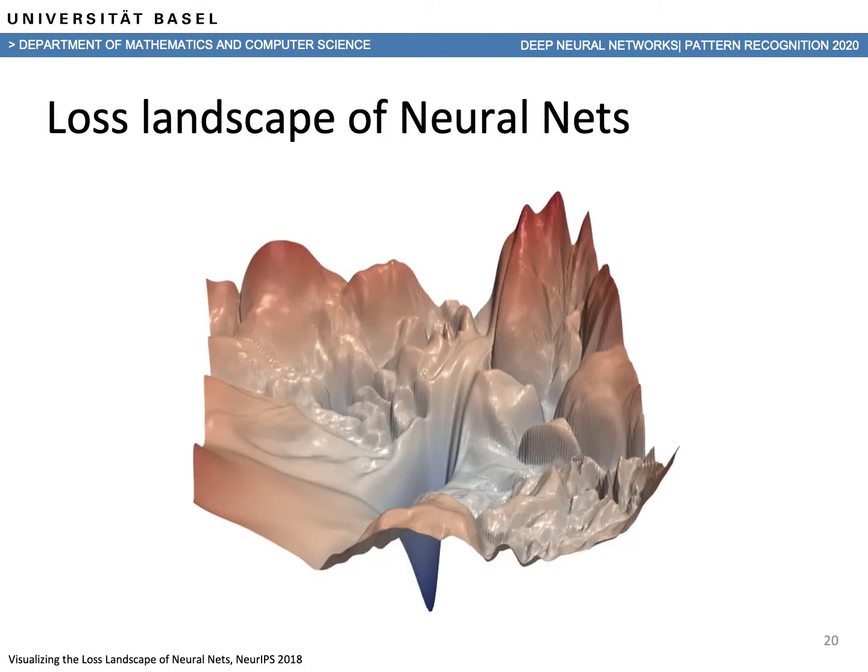Here I just wanted to add a picture from a paper at NeurIPS from a few years ago, where the authors tried to come up with a method to visualize the loss landscape of a neural network. And as you might see here, it's a very, very hilly landscape, which also suggests that it's very important to do some proper initialization.